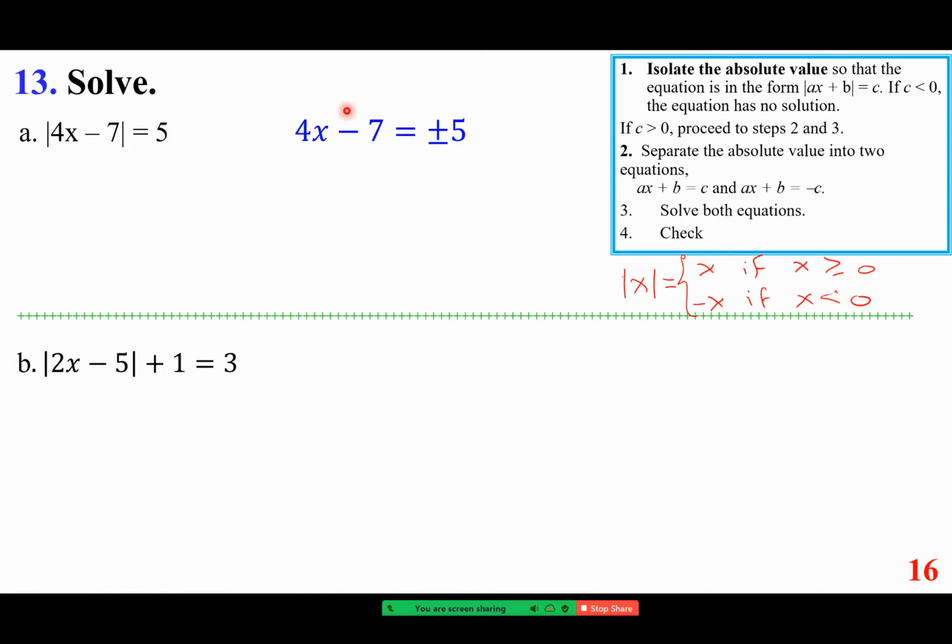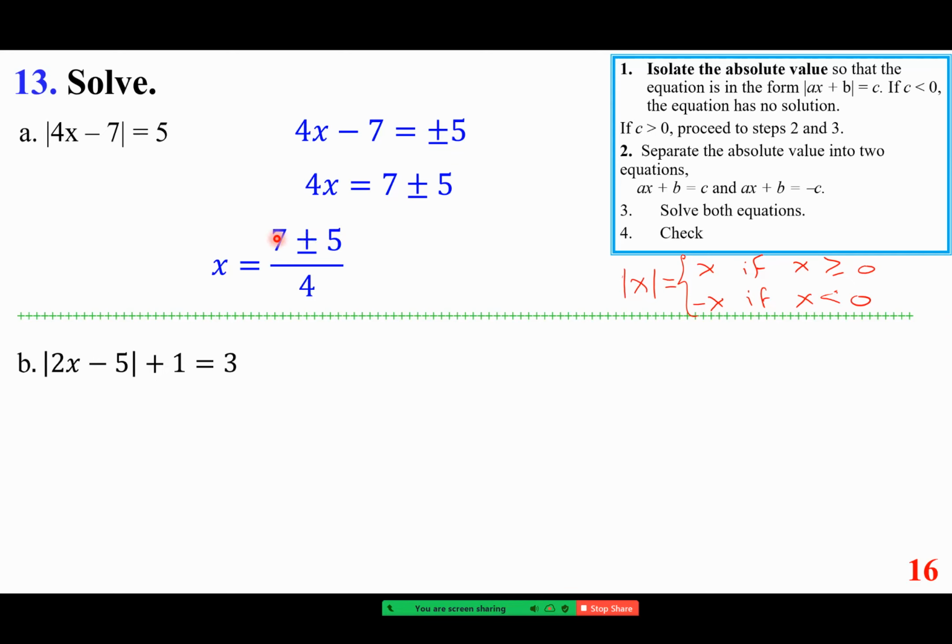We're going to move the negative 7, it becomes a positive 7. We can divide both sides by 4 to get to x. Now, because we can combine, we must, otherwise we are done. So when we combine 7 and 5, we get 12 over 4, which is 3.